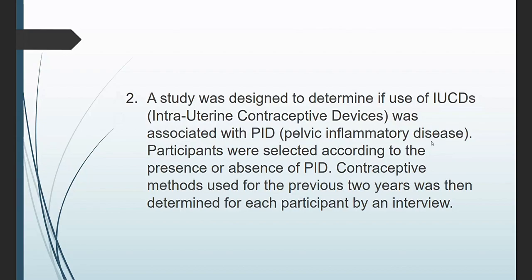Pelvic inflammatory disease. Participants were selected according to the presence or absence of PID. Contraceptive method used for the previous 2 years was then determined for each participant by an interview. So what study design is this? You are looking at the association between the usage of IUCD and PID.